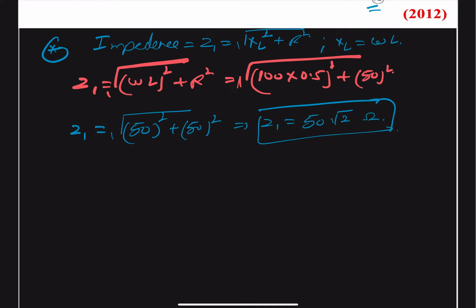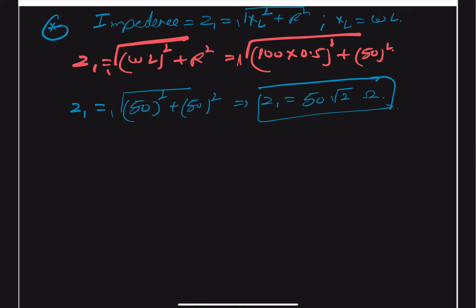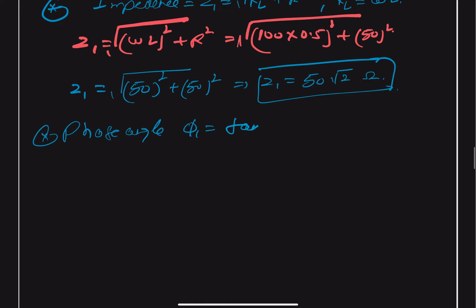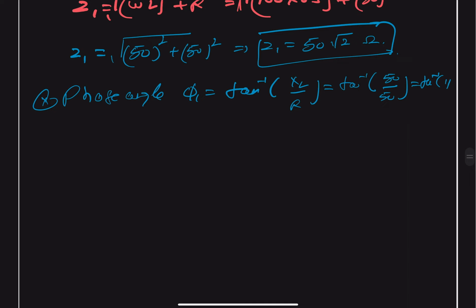And we can also find out the phase angle phi1, which will be equal to tangent inverse of XL upon R, which gives tangent inverse of 50 upon 50, so this comes as tangent inverse of 1. So we get the phase angle phi1 is equal to 45 degree.